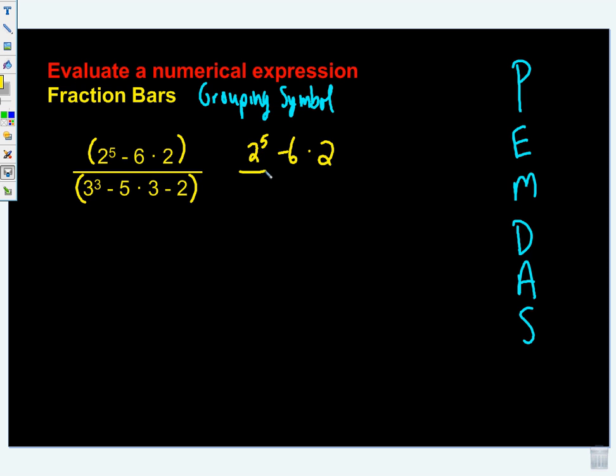I'm going to leave my fraction bar here, and I'm going to work down. So that 2 to the 5th does become 32 minus 6 times 2. I'm just going to continue working with that top half and evaluate the numerator of this expression first.